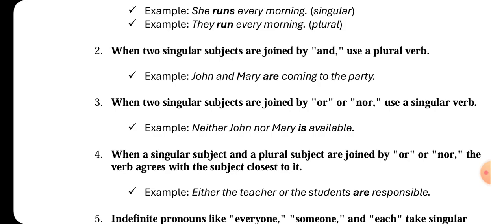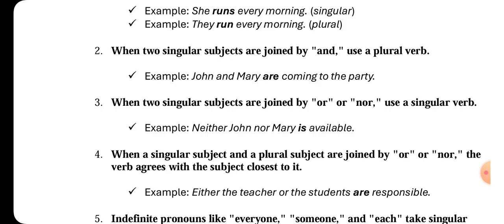When two singular subjects are joined by or or nor, use a singular verb. Do you get it? Either Kofi or this, you have to use a singular verb. When the singular subjects are being joined with or or nor, use a singular verb, but in an event where it becomes a plural subject, then you go the other way around.